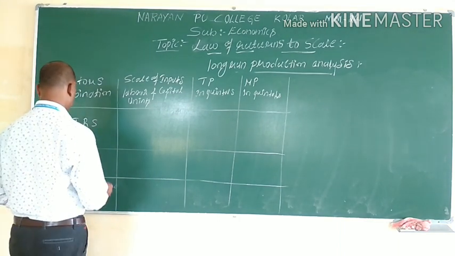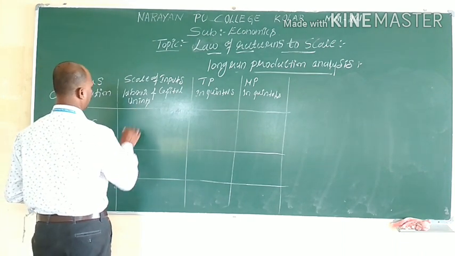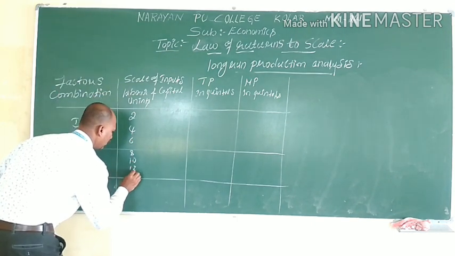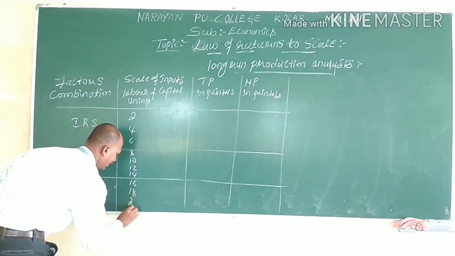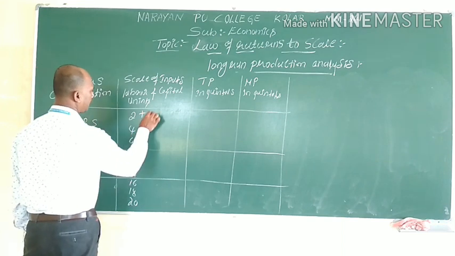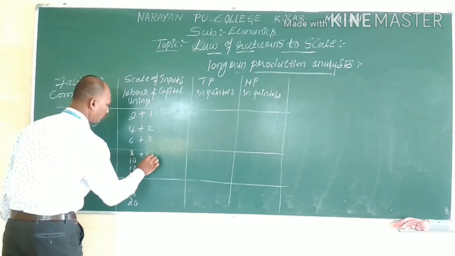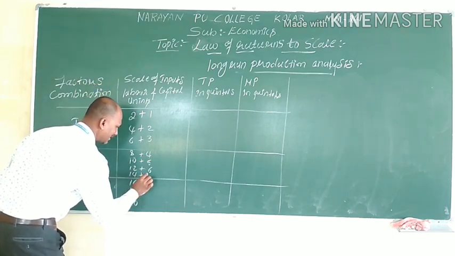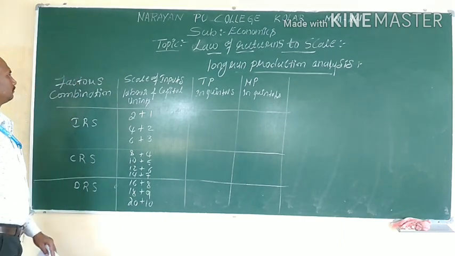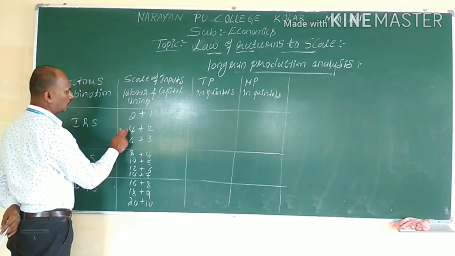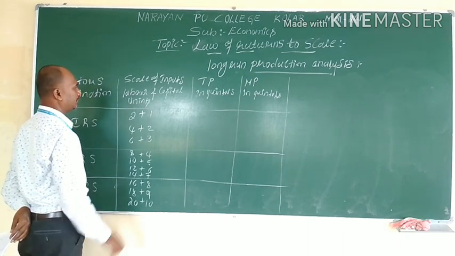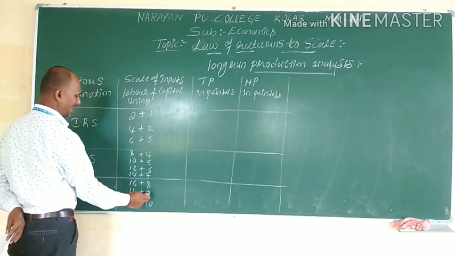So, combination means the scale of inputs used in the production: 2, 4, 6, 8, 10, 12, 14, 16, 18, 20 units of labor, plus 1, 2, 3, 4, 5, 6, 7, 8, 9, 10 units of capital used in the production function.